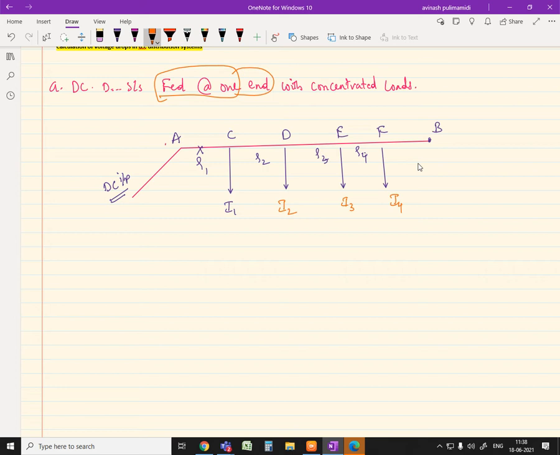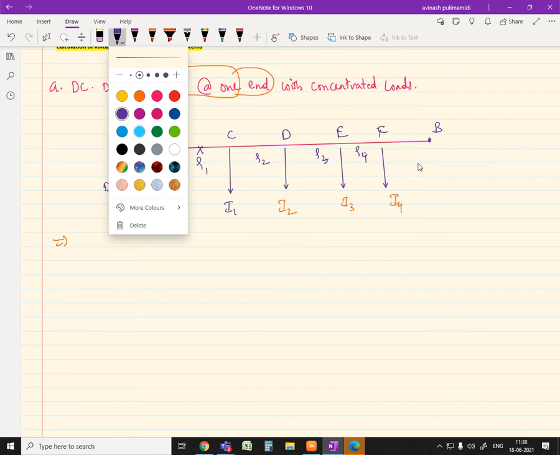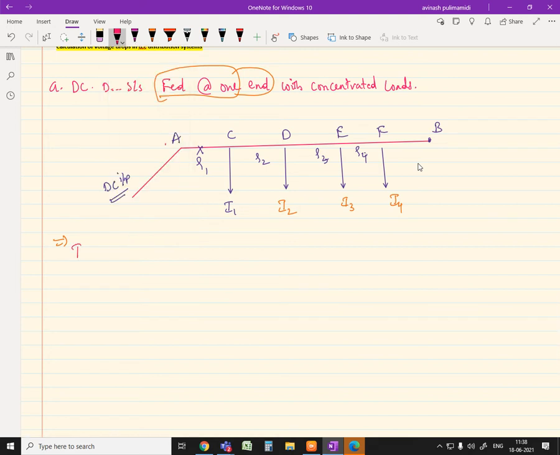Then the total current is equal to the total current at A. At A means the total current is a summation of I1, I2, I3 and I4. Yes or no? Using KCL.